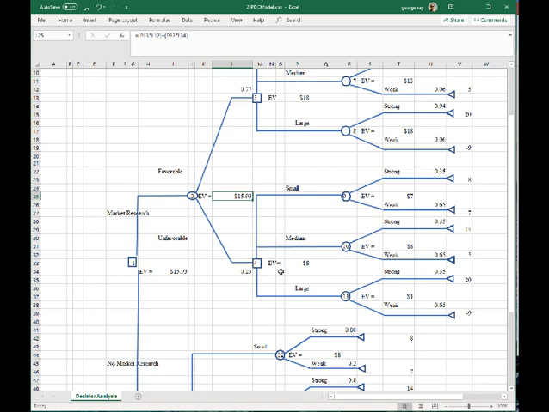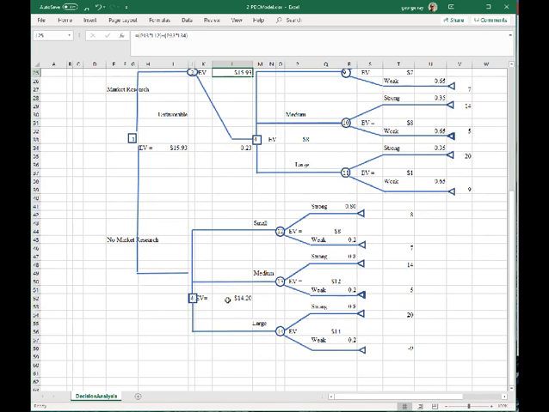And so they use that in the calculation of the expected value for the marketing research report. And so it's 0.77 times 18 plus 0.23 times 8 gives us 15.93.